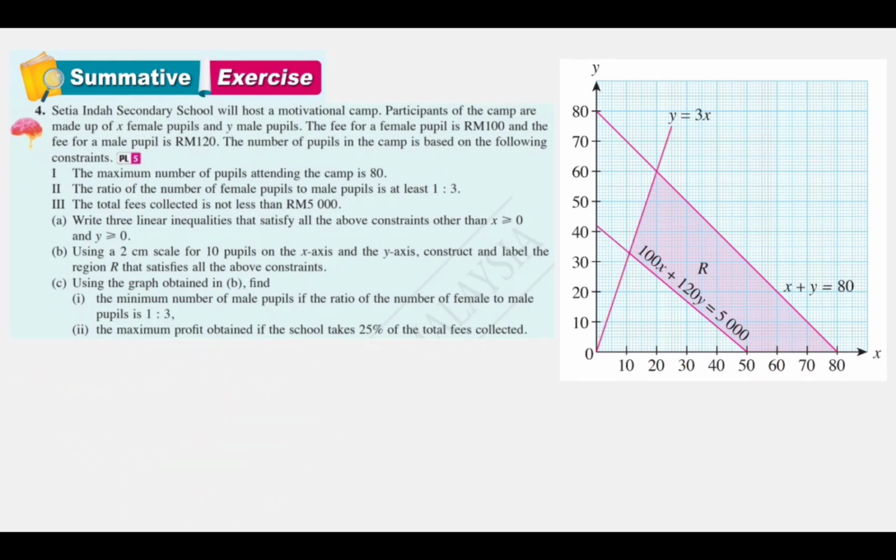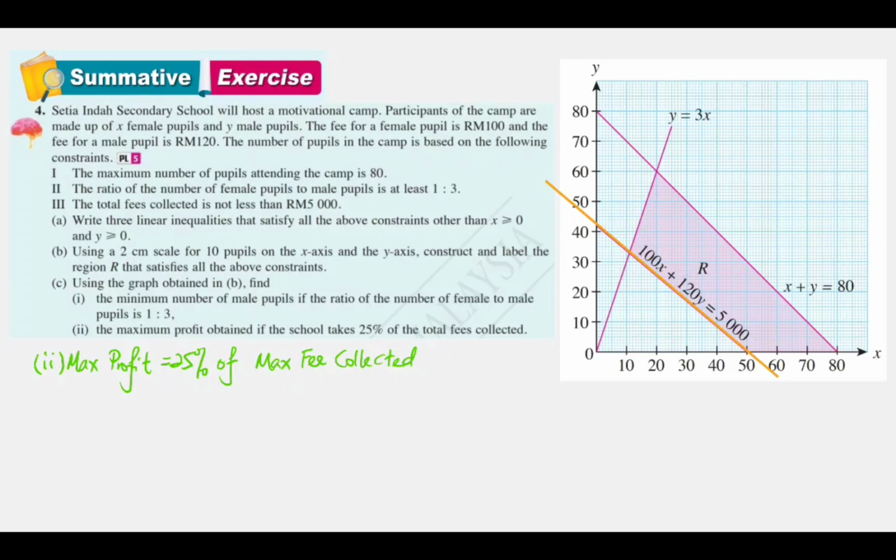Number 2, the maximum profit obtained if the school takes 20% of the total fees collected. So write out the objective function for the maximum profit. You will see it depends on the fee collected, so we need an objective function for the fee collected. The fee collected we had just now was 100x plus 120y equals 5,000, and we want the maximum from this line.